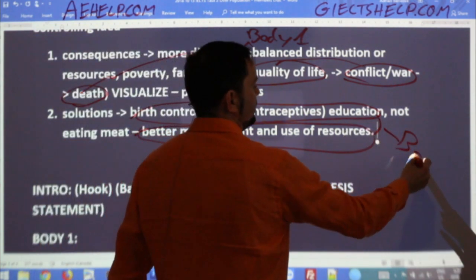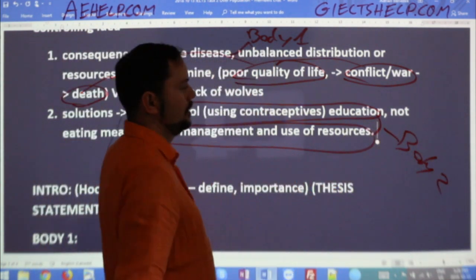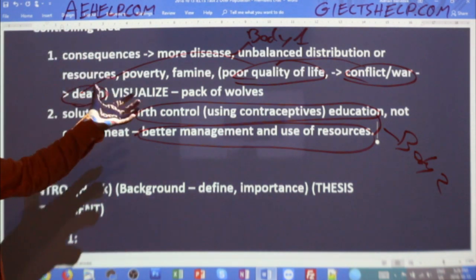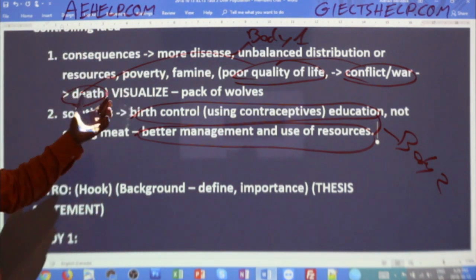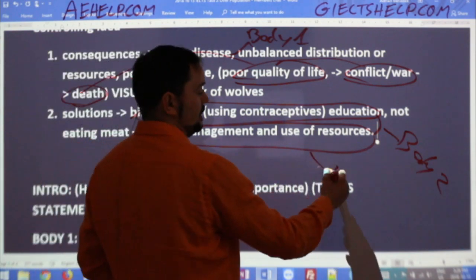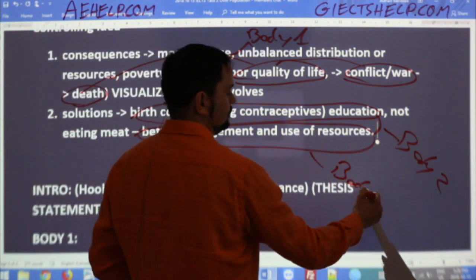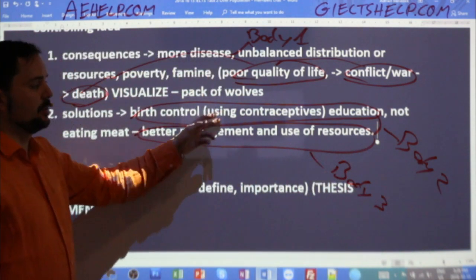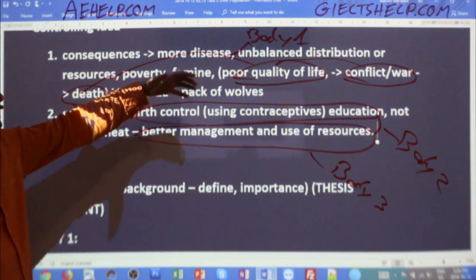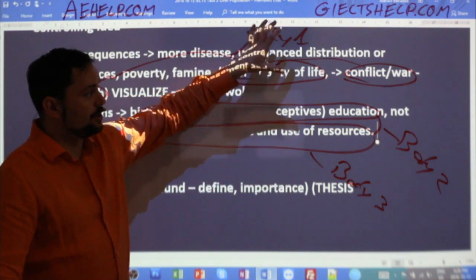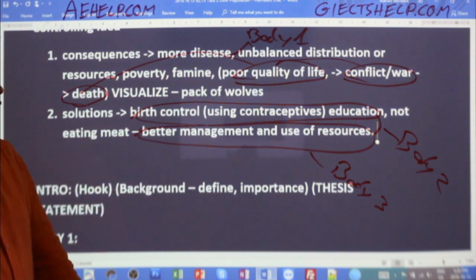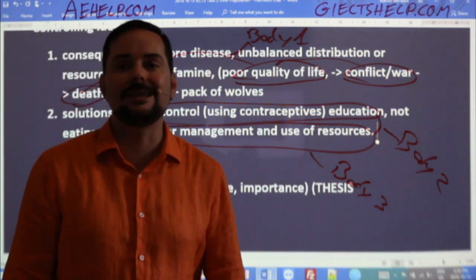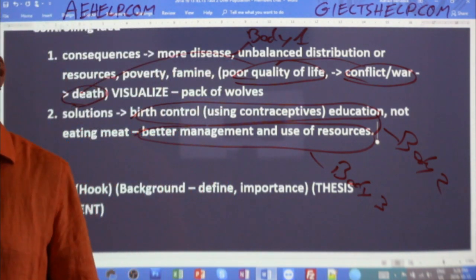You can put all that into body 2. Okay? Now, if you're really fast at writing, you might want to do a body 2, body 3. Okay? You could separate these into 2 body paragraphs, and this way you end up with 3 body paragraphs and 5 altogether. Okay, so let's write the thesis statement.